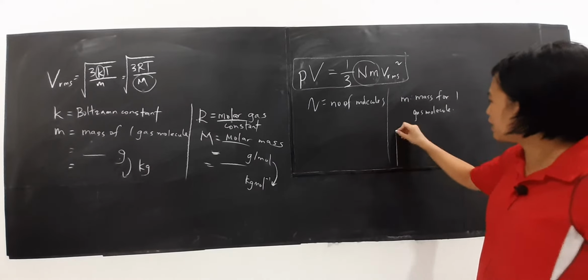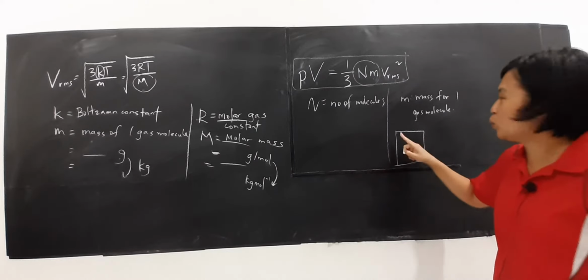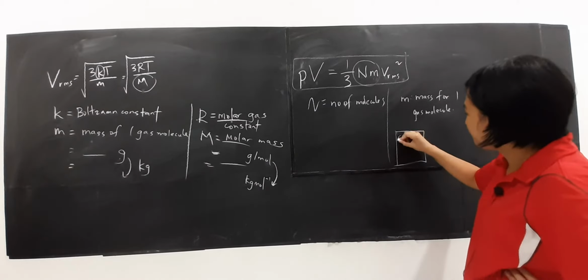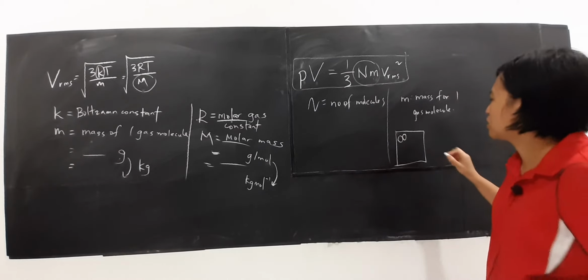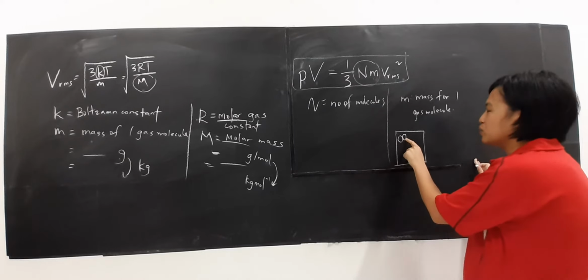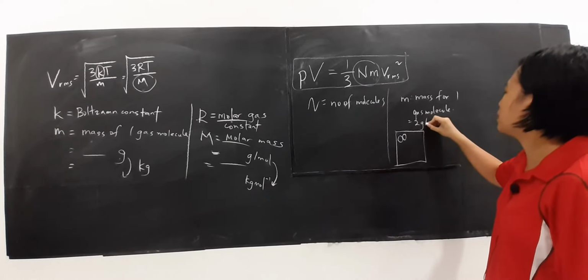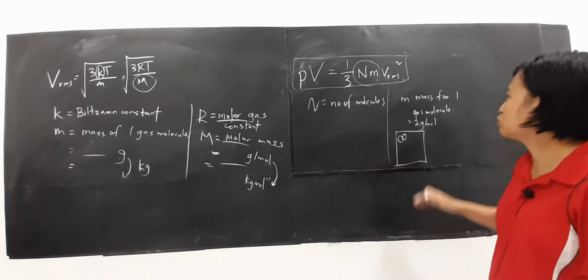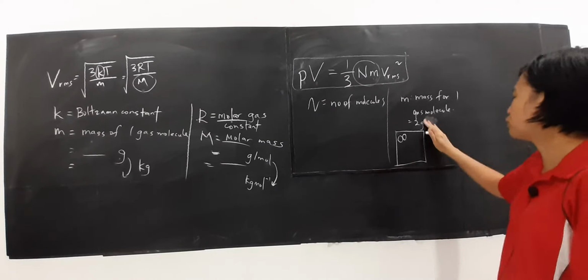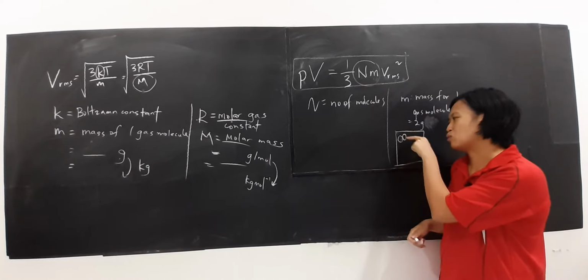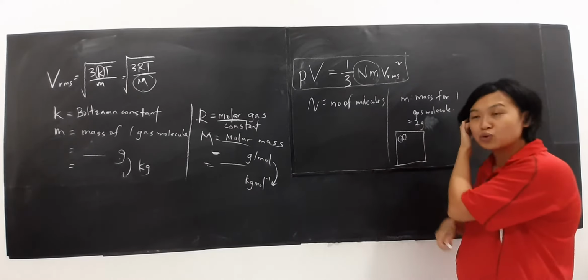Tapi dalam satu container, for example, contohnya bilangan molekul yang saya ada, okay, contohnya mass untuk gas molekul ini, okay, diberi 2 gram per mole. Bukan 2 gram per mole, 2 gram je. Okay, 2 gram contohnya untuk gas molekul yang satu ni, okay, given 2 gram.